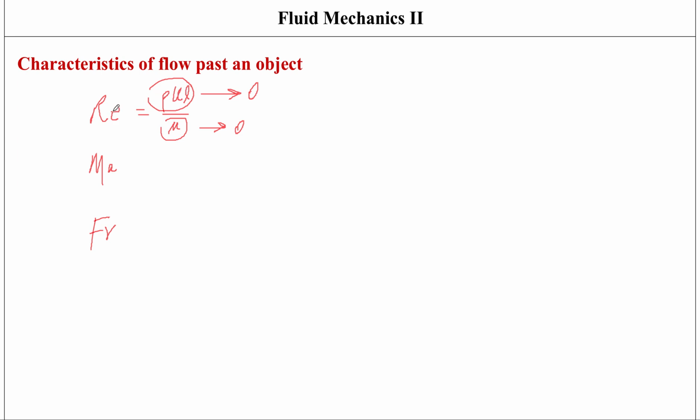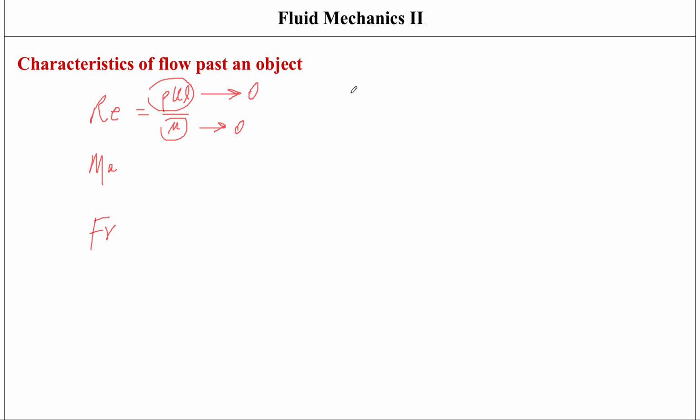But clearly, when we talk about an actual flow, a Reynolds number is going to be between these two extremes. And what that means is that there's not going to be an absence of viscous force, and there's not going to be an absence of inertial effects as well. So any actual flow will have a Reynolds number between 0 and infinity, right?